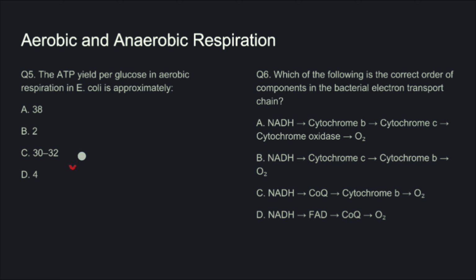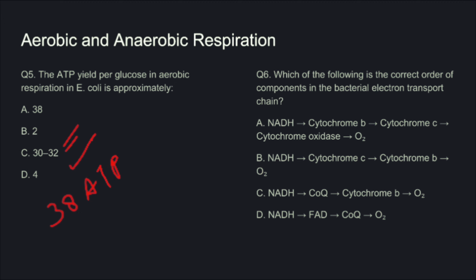So the correct answer is option C. Theoretically, the yield is 38 in eukaryotes, but in prokaryotes, it could vary between 30 to 32. Due to what? Due to system efficiency. That's the reason behind it. Eukaryotes में 38 ATP, but prokaryotes में 30 से 32 ATP.